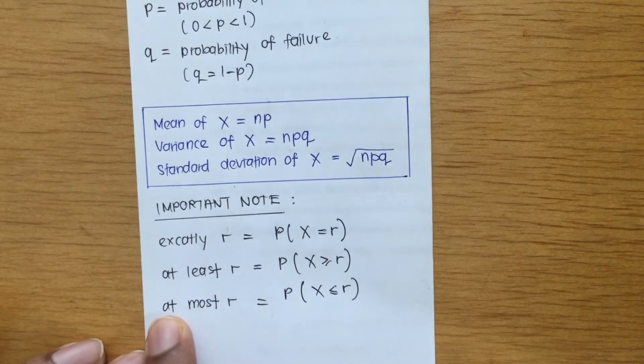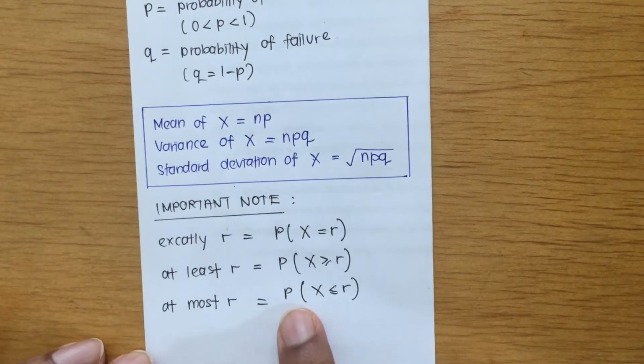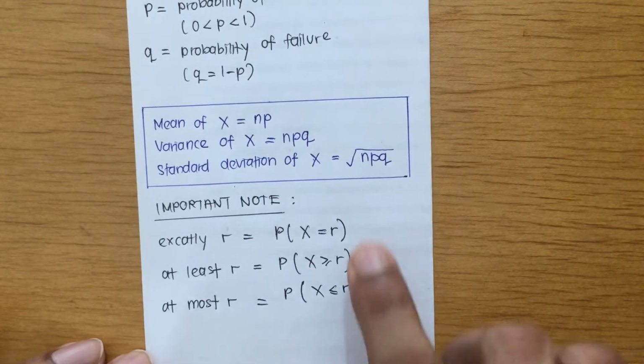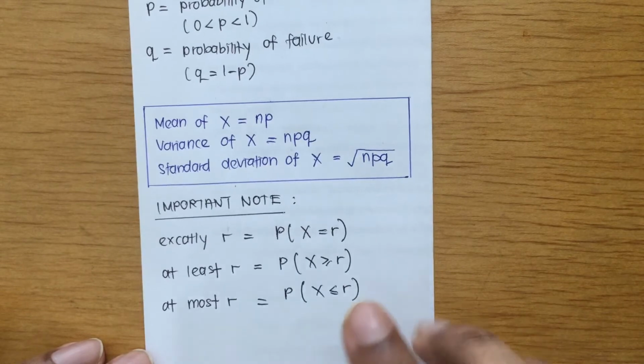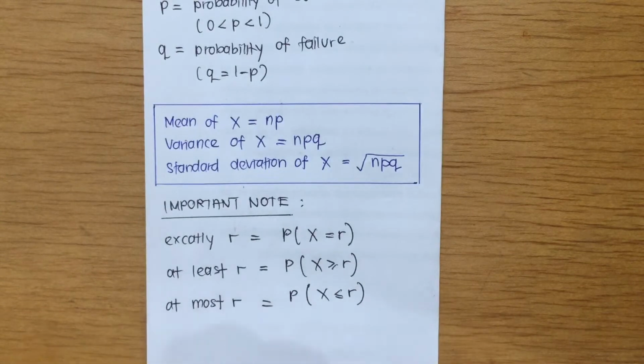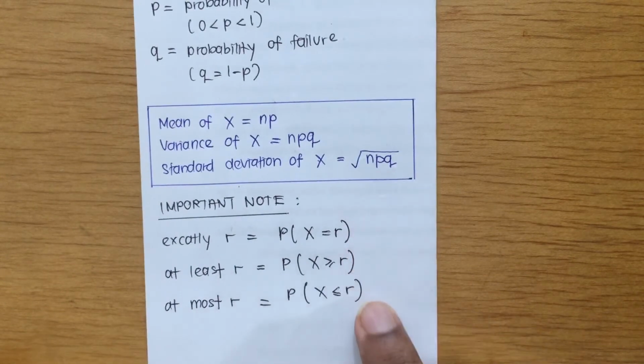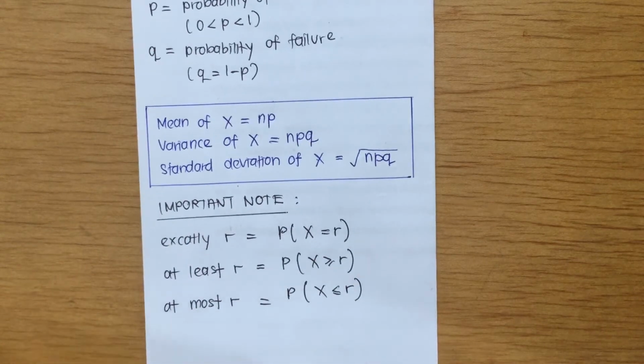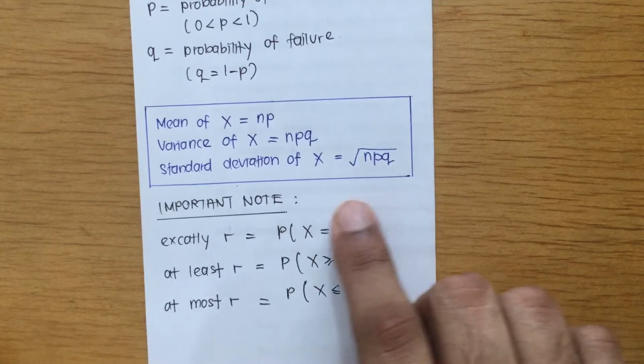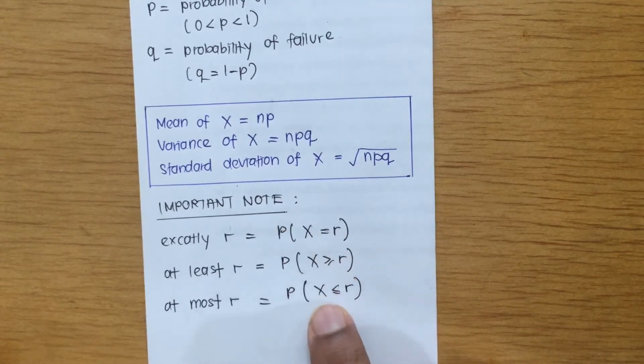When the question tells you at most r, you write P(X ≤ r). These three examples are just some of the possible cases that you might see in the binomial distribution. In fact, there are many, guys, so you need to know how to use the inequality signs and the equal sign.